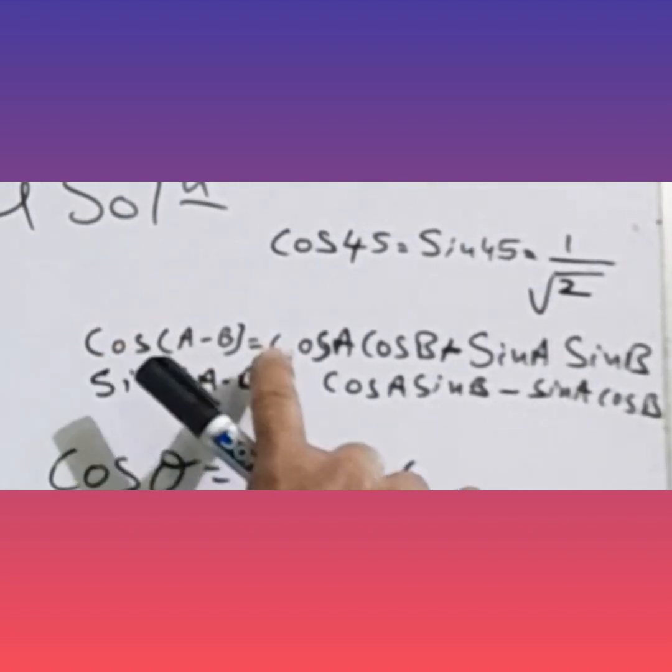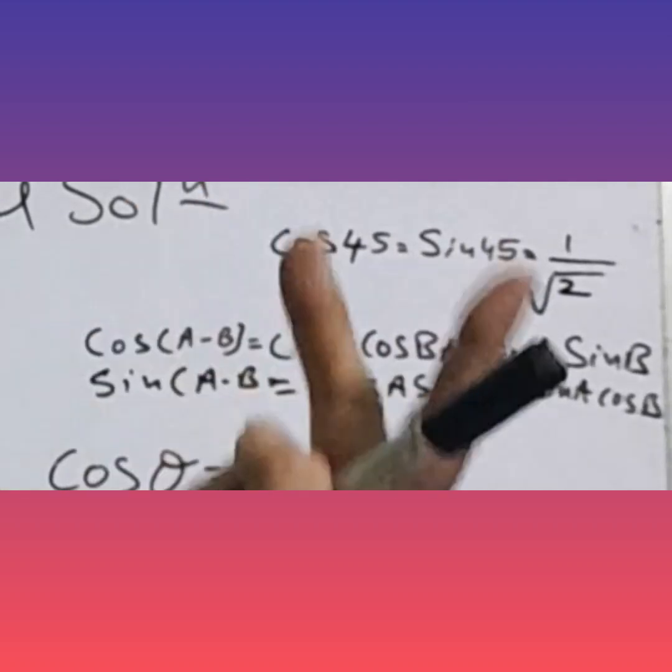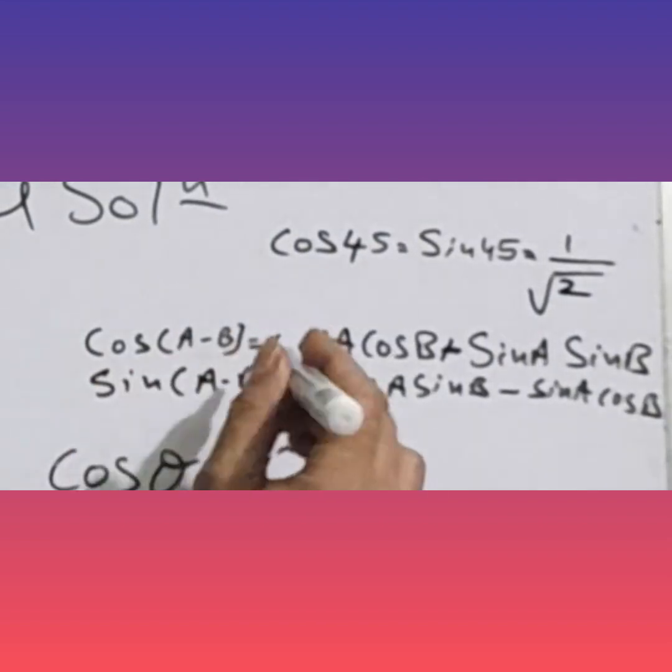Now see, an easiest technique to keep these formulas in mind. In case of cos, you have both cos cos, sin sin, so the sign would be positive. Whereas in case of sin A minus B, this is cross, cross. So if it is crossed, the sign remains the same.